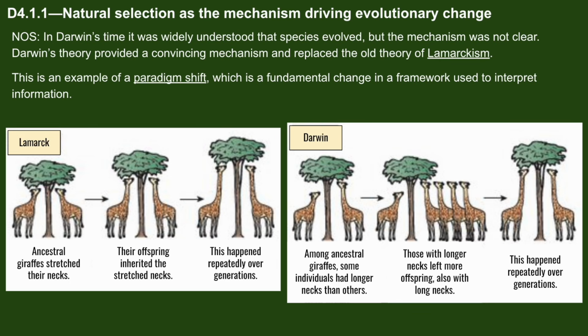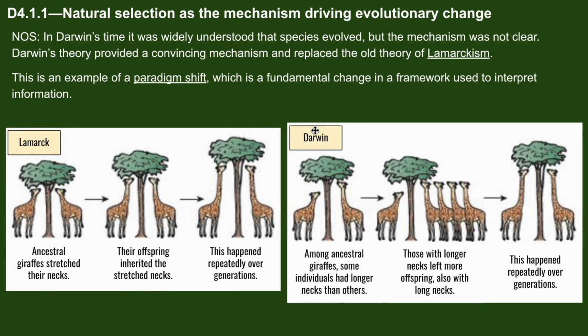All right, now we've already covered the difference between Lamarck and Darwin. So just as a reminder, Lamarck believed that acquired characteristics during an individual's lifespan could be passed on to their offspring. And so if giraffes just stretched their necks as much as they could, then their babies would be born with longer necks. Now we know this is not the case.